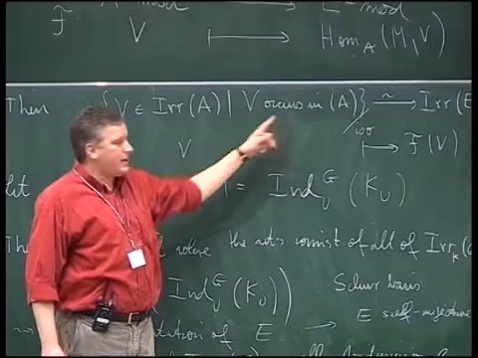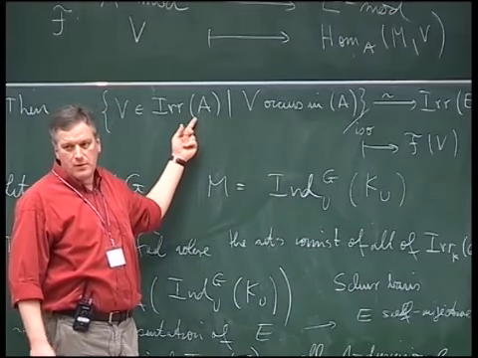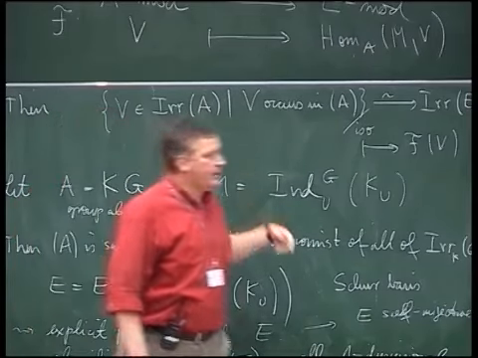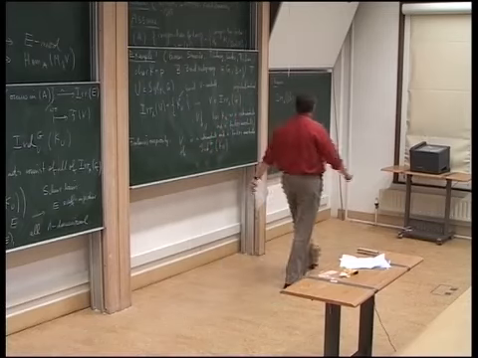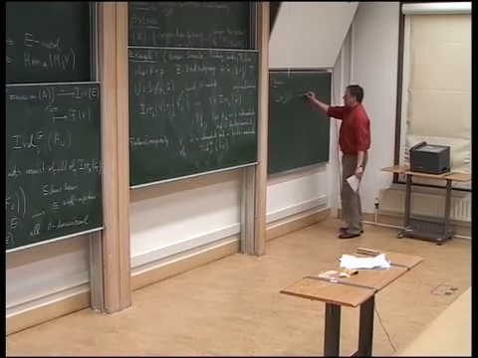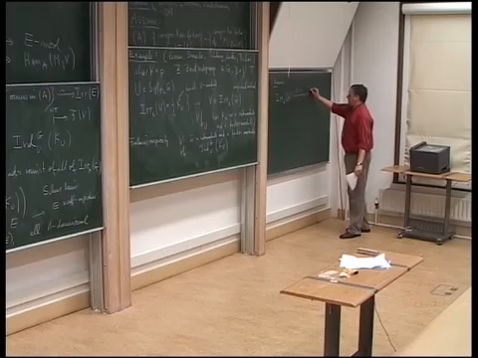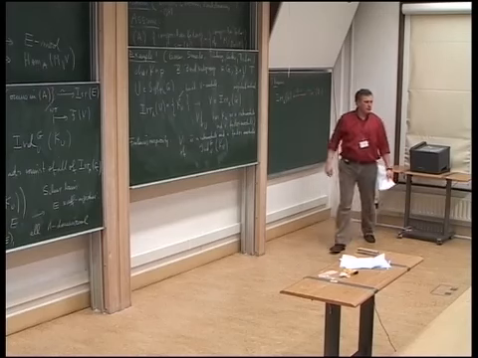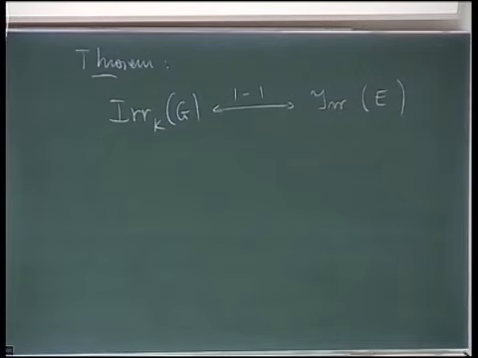We saw that this is all of Irr A here. So this theorem tells us that we get a nice parametrization of the set of irreducible representations of G in terms of the irreducible representations of this endomorphism ring. This was one of the classical applications of this Hom functor idea.